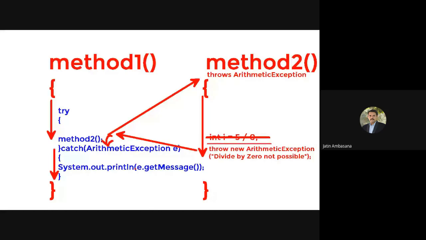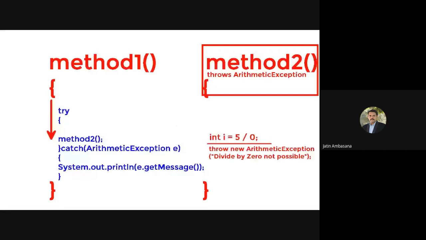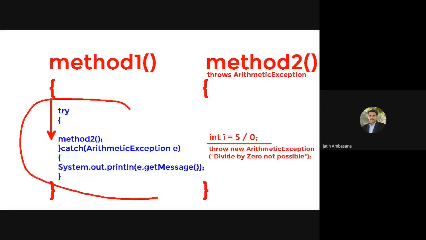And here, since you are declaring that this method throws an arithmetic exception, you need to put the call in a try catch block.